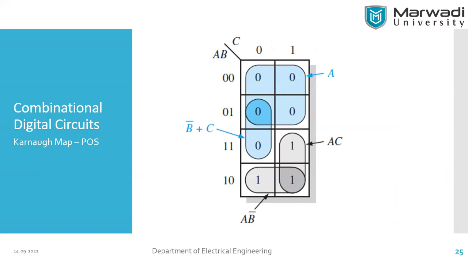Okay. Now try to understand this relationship between SOP and POS. Here you had A, B, and C variables, and from this quad you got A, and from this quad you got B bar plus C. So final answer was A into B bar plus C. Now instead of zero, suppose you put 1, 1, and 1, right?